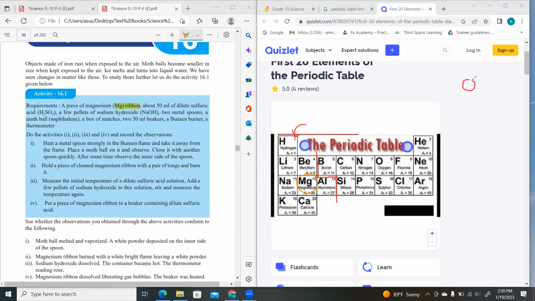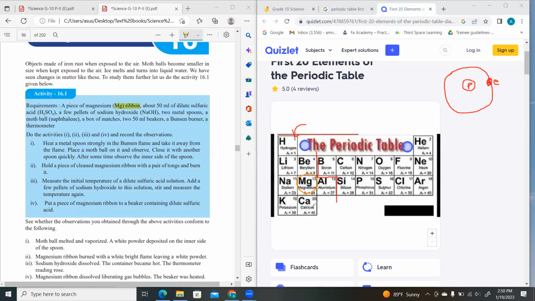You all know the protons will be inside the nucleus, and the electrons will be always rotating around the energy levels. So always the number of protons will be equal to the number of electrons. You all have learned that before. I'm just recalling that lesson as well.